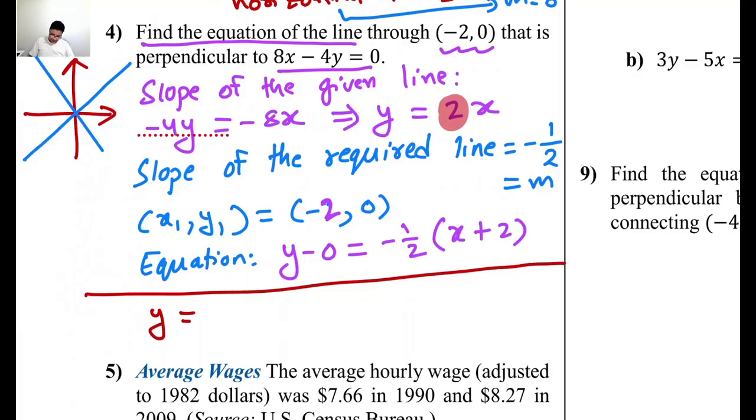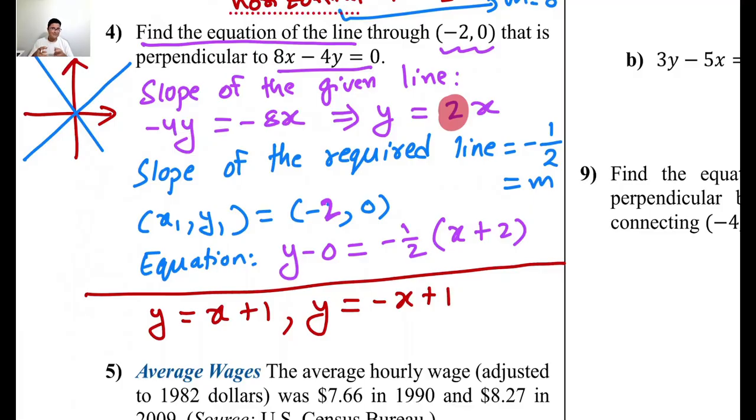Sometimes you have to be careful. Like y equals x plus 1, the negative reciprocal you may not see if you are not careful. x and negative x, 1 and negative 1, that is also a negative reciprocal.